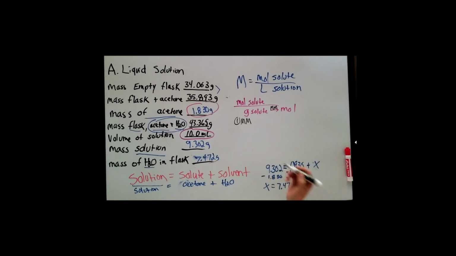Well, in order to figure out the molar mass, we need the chemical formula, and I'll give you that here. C3H6O. So you want to write your list of each element present, the number of each based off of the subscripts, and then you'll go to your periodic table and find the masses.